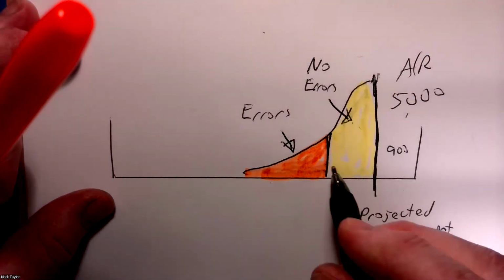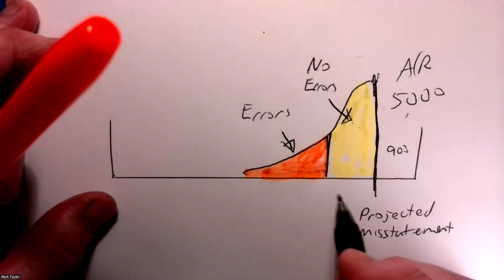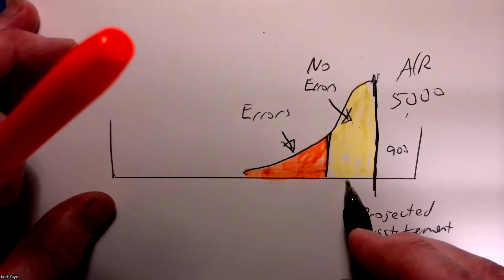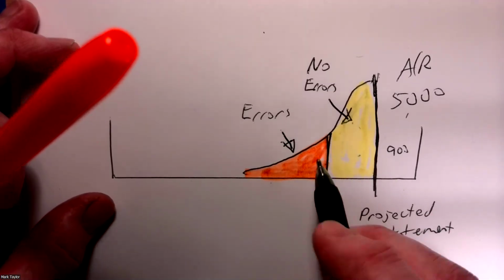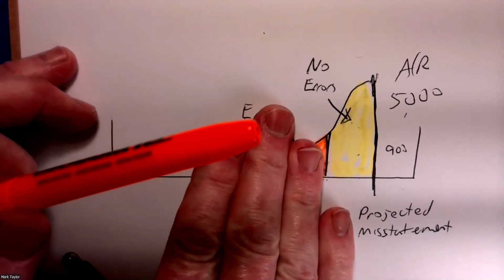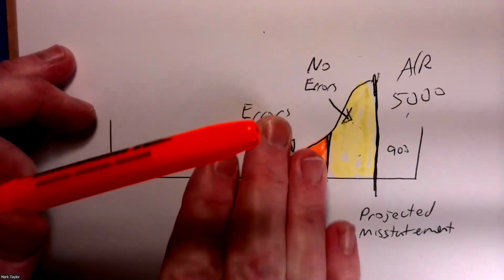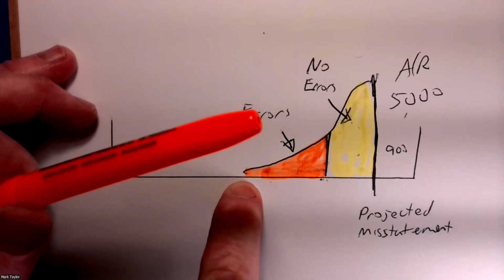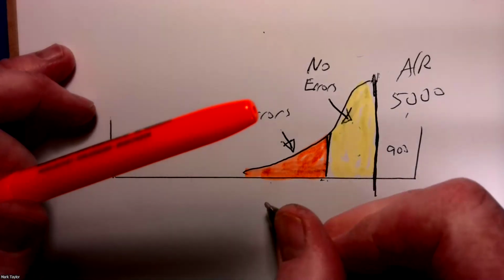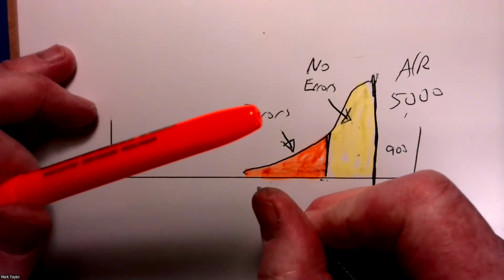So this is what we're looking at, and I don't have enough information to work out those amounts on these. But if there are no errors, it could be off by a certain amount, and if we don't find any errors in our sample, that's what it would look like. If there are errors, it could be off by even more, and that's what they call the incremental allowance.